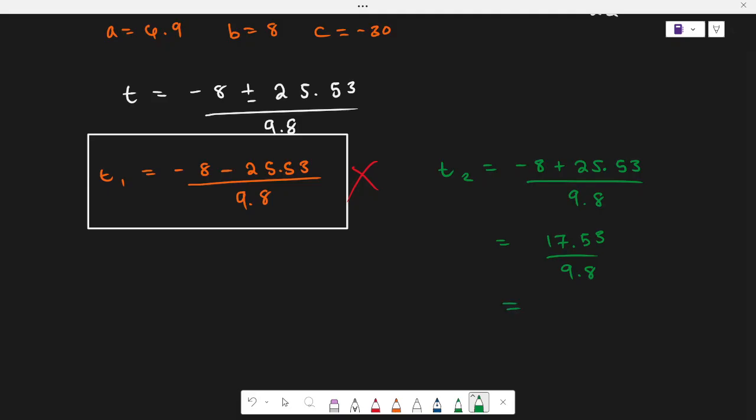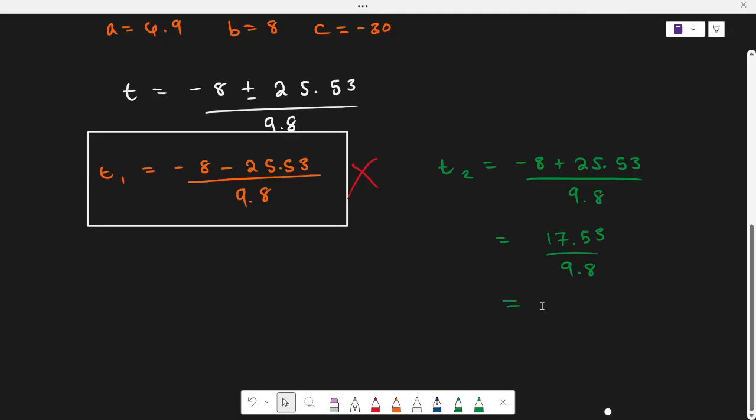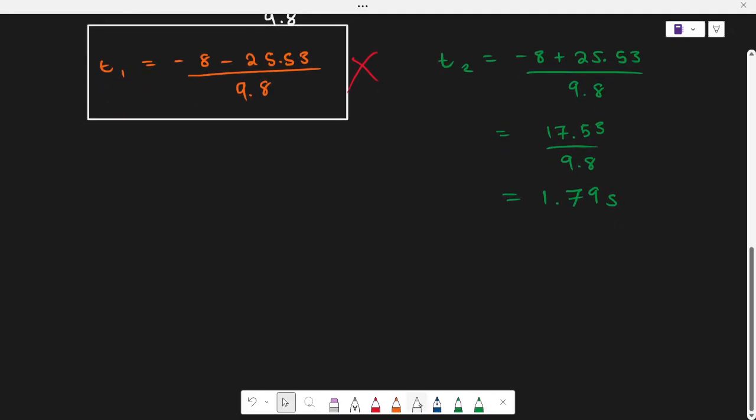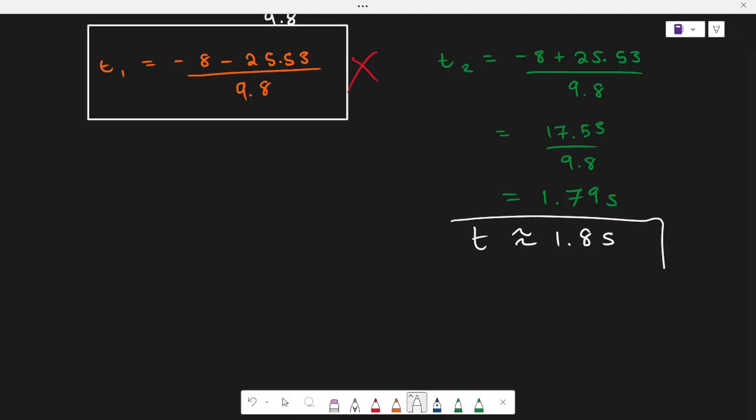This will quickly give us a value of 1.79 seconds as the time taken for this ball to strike the ground. We can approximate this to be 1.8 seconds; I see no harm in doing that. So that's the time taken for that ball to hit the ground.